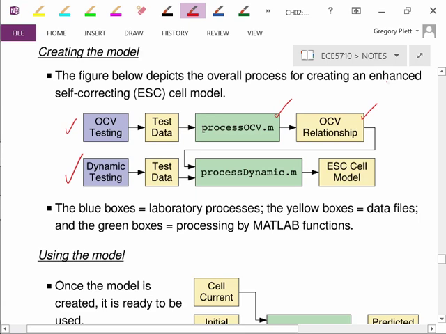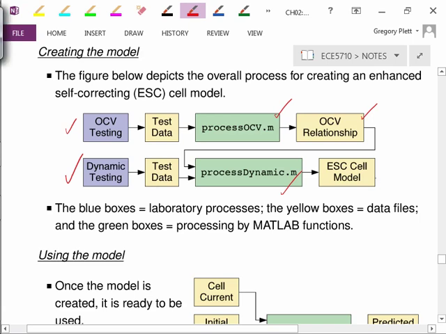The dynamic testing produces more test data, and the process dynamic.m reads the test data from the dynamic testing. It also reads in this open circuit voltage relationship, and it does this process that we just talked about of guessing what gamma is, and based on the value of gamma, it finds the best parameters it can for everything else, and then optimizes the hysteresis gamma until it comes up with the best model that it can find.